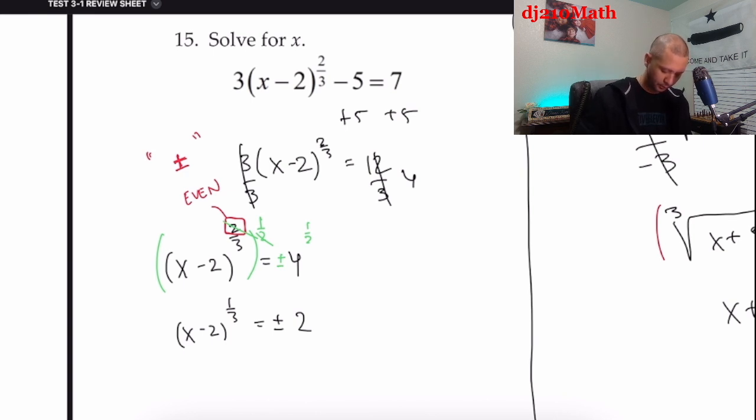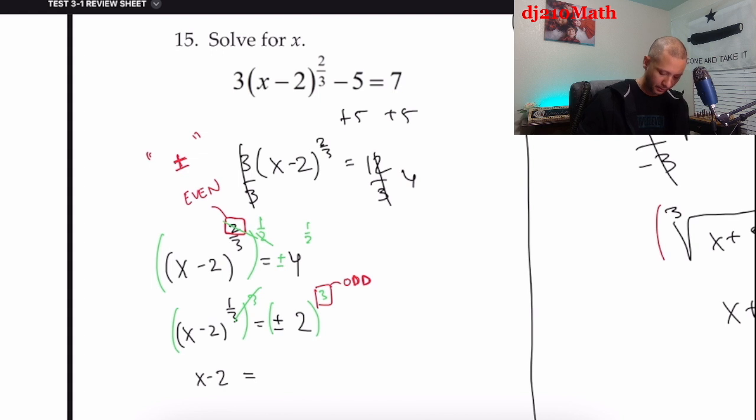Okay. I'm going to cube both sides. Left-hand side cancels. x minus 2 is equal to, okay, the plus or minus, because this is odd, the plus or minus can actually come out and not affect the value of this thing at all.